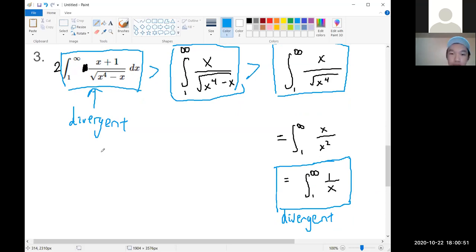Because if the comparison function diverges, then the original function does so as well. Well, not always, but you're missing one key part of your answer. The part you're missing is that our original function is also greater than the comparison function. So let me just restate that. Our original function diverges because it's greater than another divergent function. Yeah, just like that.